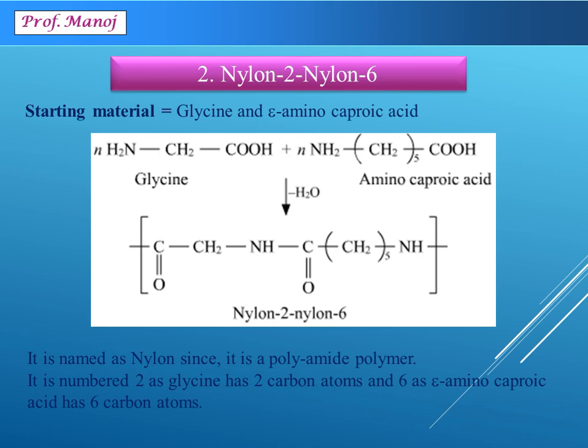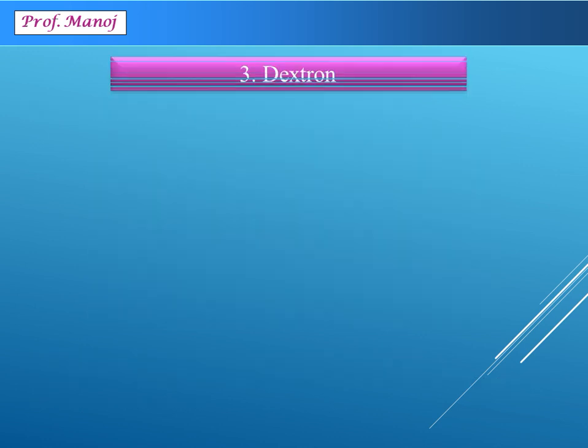This is deliberately not numbered as nylon 2,6. The reason is this polymer comes under the type of biodegradable, while nylon 6, 66 and 610 come under the class of degradable non-biodegradable polymers. The third example under this is called dextron.